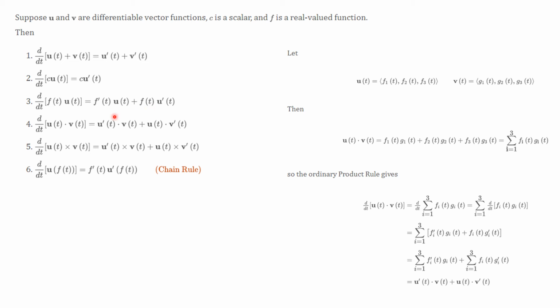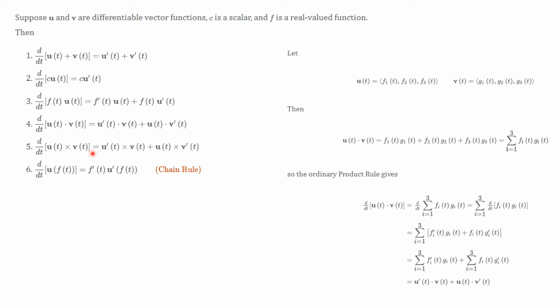It's the same old product rule. And here, if you have a vector function dotted with a vector function, that's the form of multiplication you have here. Here it's normal multiplication. Down here it is the dot product. But you see it is going to be u prime dot v, plus u dot v prime.